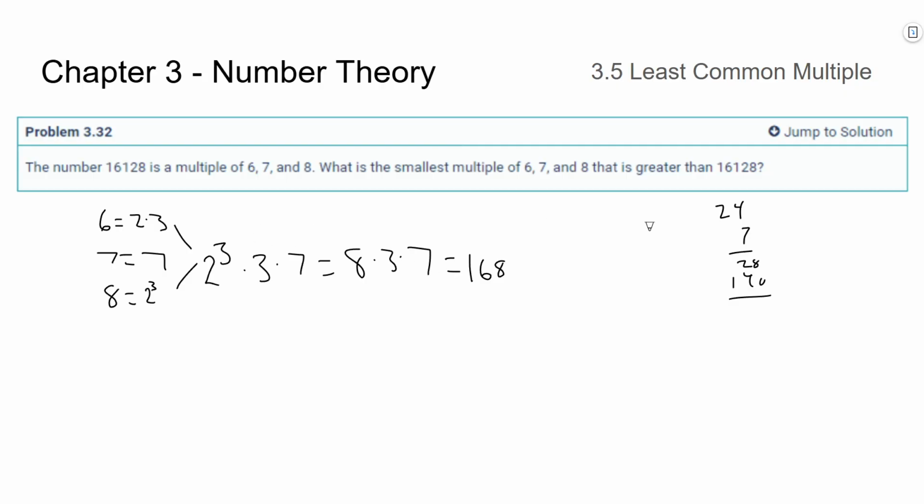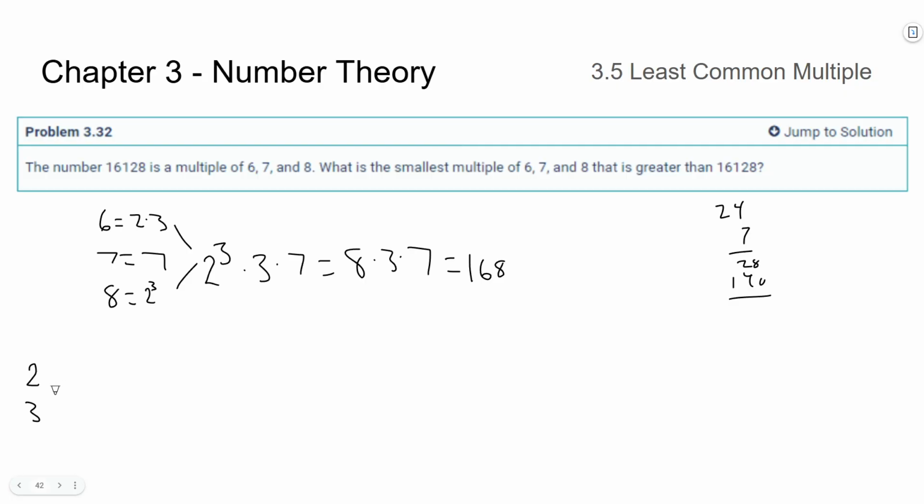So how does that help us here? Well, we know that every 168, we're going to have a common multiple. So let's do some smaller numbers here to show something. So let's use the numbers 2 and 3. Okay, what are the common multiples of 2 and 3?